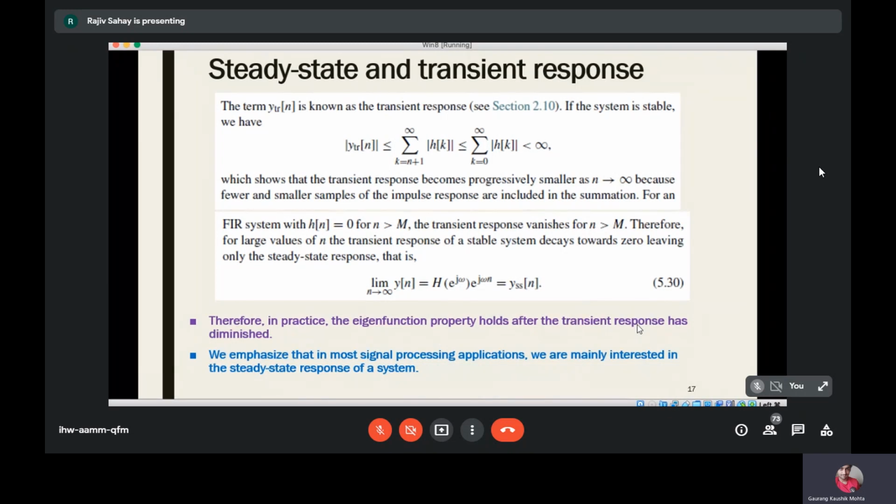That is the idea. And in most signal processing applications, we are only interested in the steady state response of the system. Okay, is this clear?